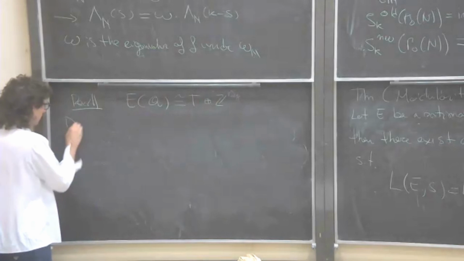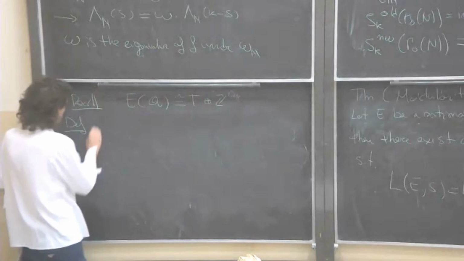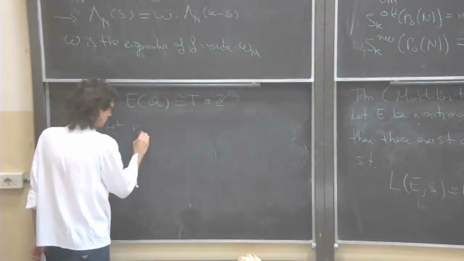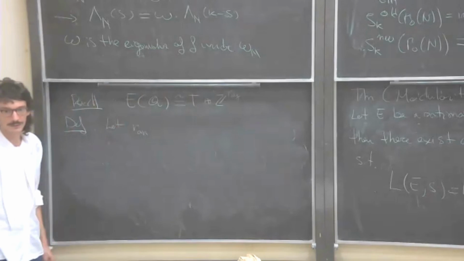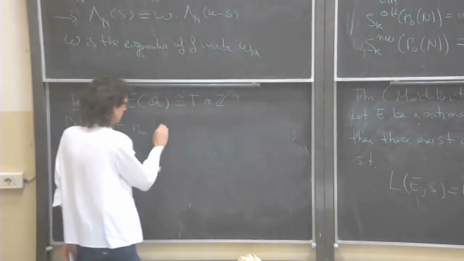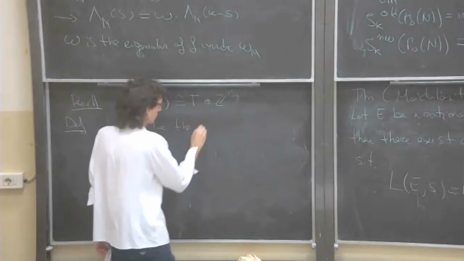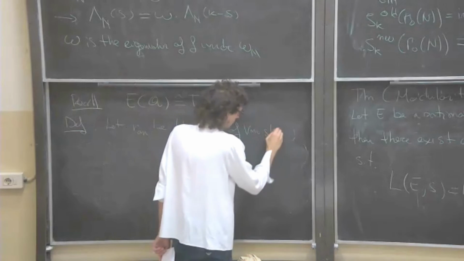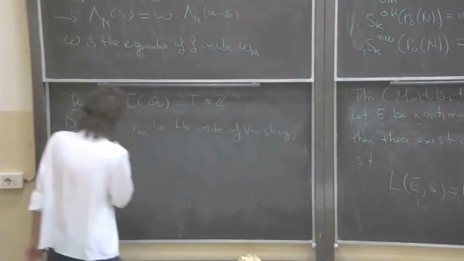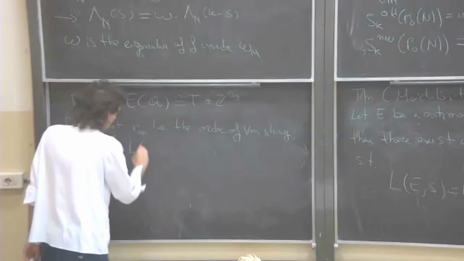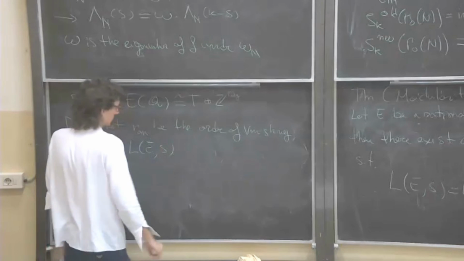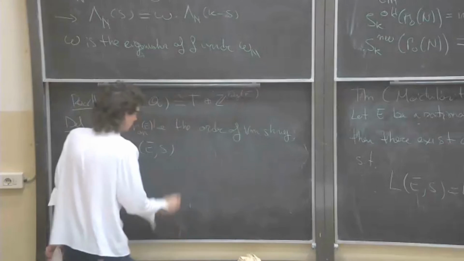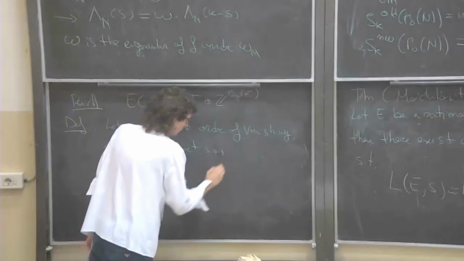Now let's make a definition. Let r, the analytic rank, be the order of vanishing of L(E, s) of course at s equal 1.